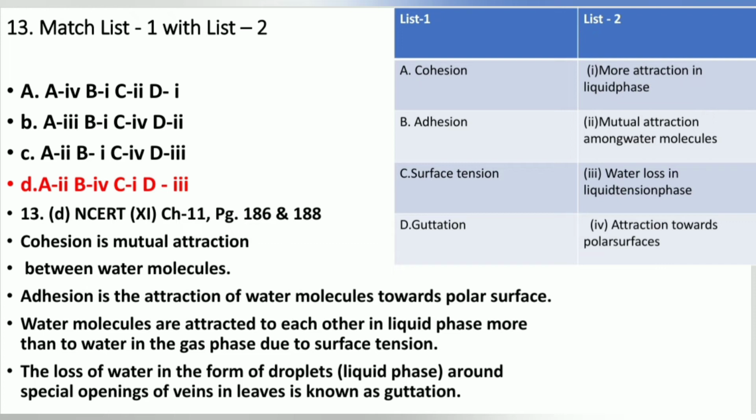Answer is more attraction in liquid phase. And D. Guttation. Guttation is a process in which water loss occurs in liquid form. Guttation is seen in grasses and plants of rainforest.